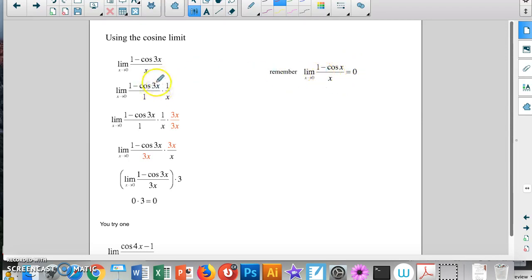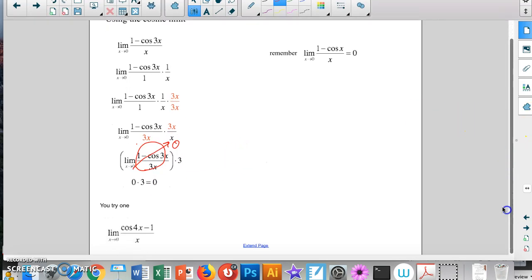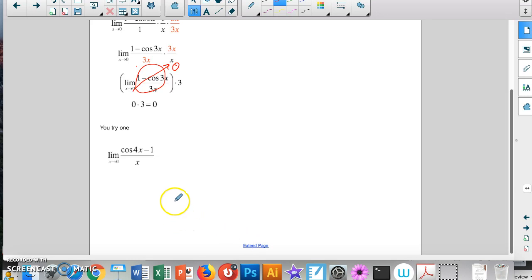So this one has a 3x, so I need a 3x in the denominator. So I gave it top and bottom 3x. I moved one of them here, one of them here. This piece of it, all of this is 0. That's just 0. And 0 times this one that's reduced, 0 times 3, is just 0. Okay? So it's a little trickier with the cosine rule, but it's the same idea. You're just trying to manipulate it.